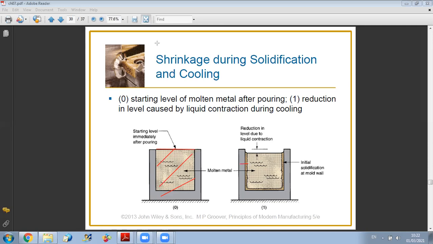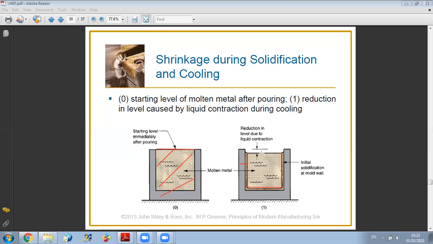Due to this heat transfer, you will have formation of a thin solid layer, because this will cool much faster than the remaining part due to heat transfer with the walls. So already this will lead to a volume reduction, because you know that the density of a solid is higher than the density of the liquid.